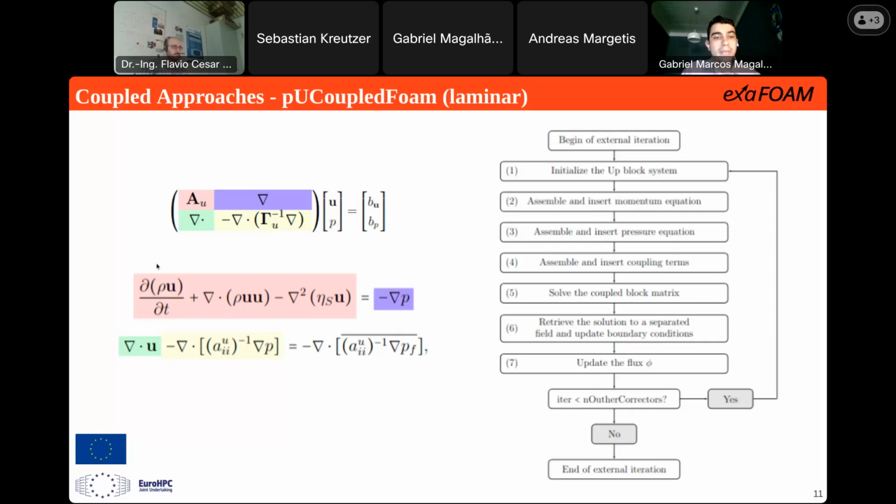We have one matrix similar to this for each computational cell. So from this solver, we derived our semi-coupled solver for viscoelastic fluids.